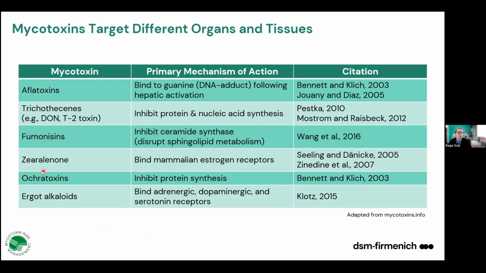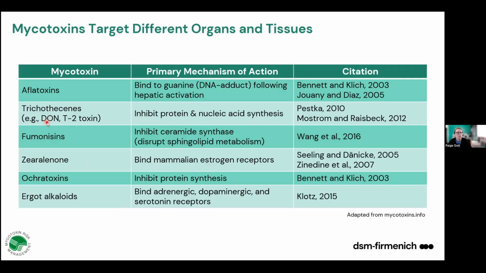So one thing I'll talk about is zearalenone. It binds and activates estrogen receptors. So that's why we generally think of zearalenone as a reproductive toxin. That's kind of the first one that comes to mind if there's some repro issues. But know that other toxins can play a role as well, like trichothecenes, vomitoxin.